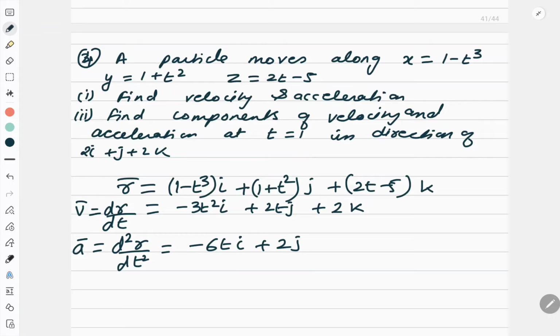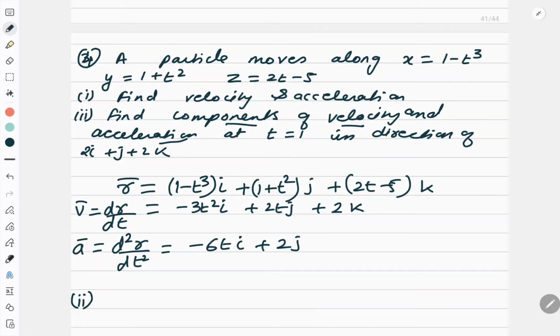They have not given me any point, so I will leave it here only. Now look at the second part. Find component of velocity and acceleration at t is equal to 1 in the direction of this. This is an important thing again. As with the directional derivative, suppose I am finding the component of something A, then I have to do A dot n cap.